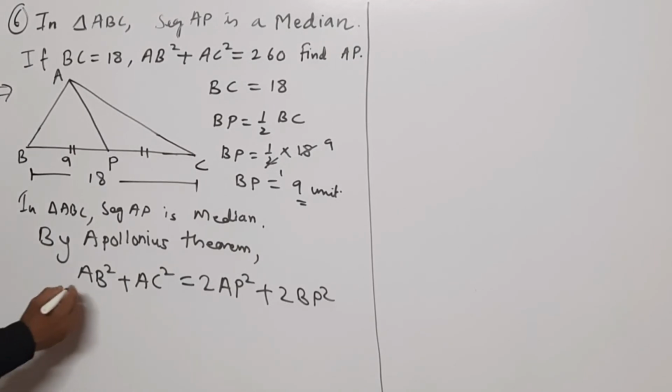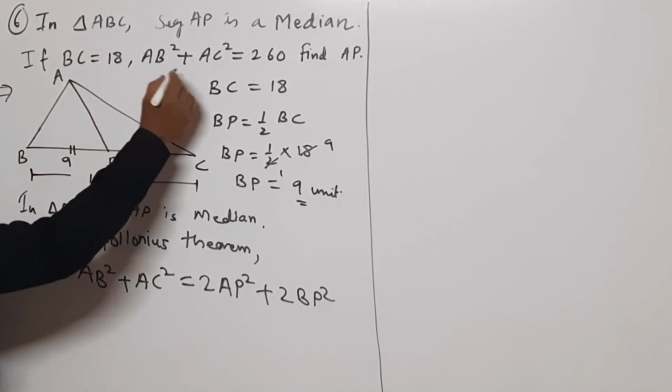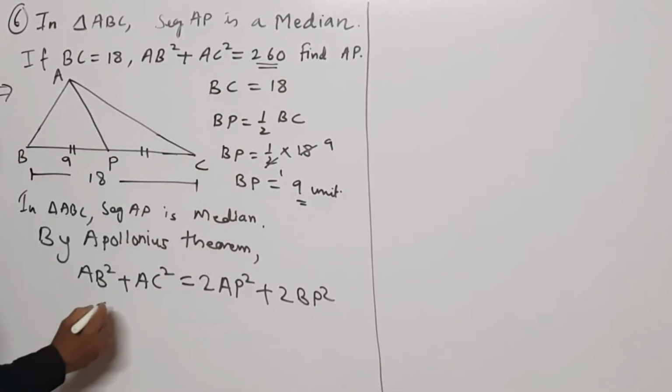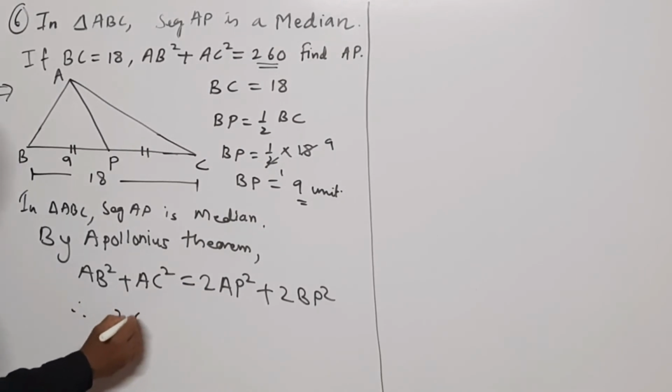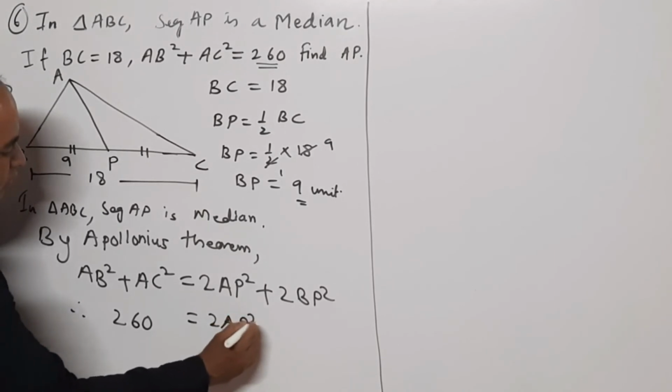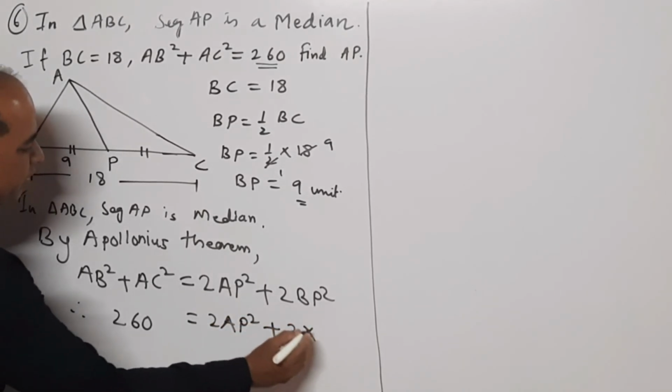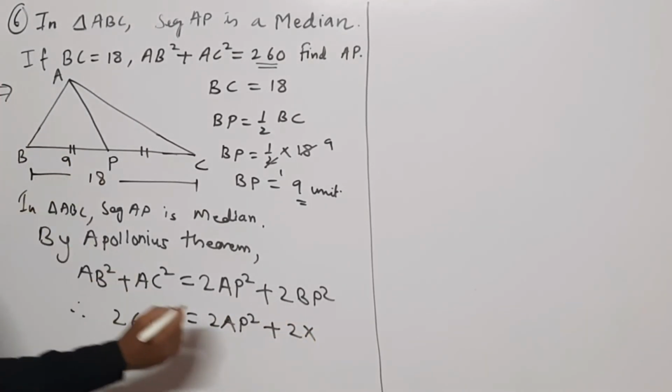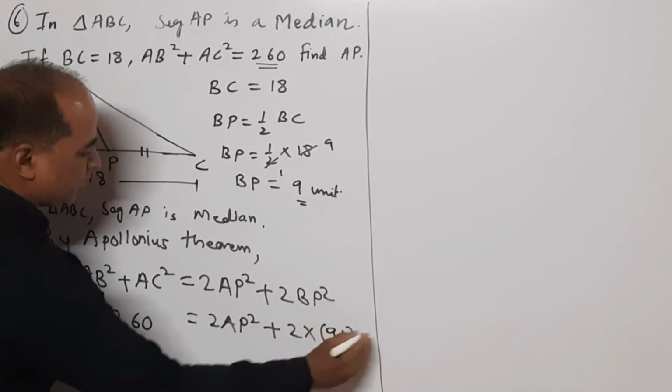Now substituting the value, AB square plus AC square is given as 260. Therefore 260 is equal to 2 into AP square, we have to find AP square, plus 2 into BP, which is 9, so 9 square.